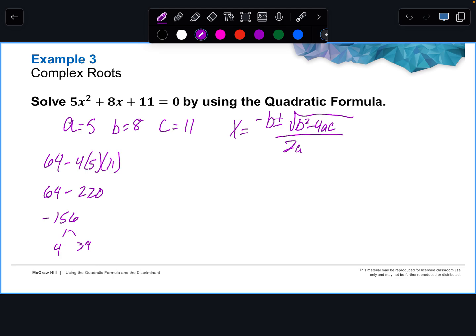And then 39 is 3 and 13. That won't help us any, but I can simplify this now. So I have x equals the opposite of b plus or minus square root 4 is 2, square root 39. Whoops, I forgot my i. So 2i square root 39 all over 2 times 5.